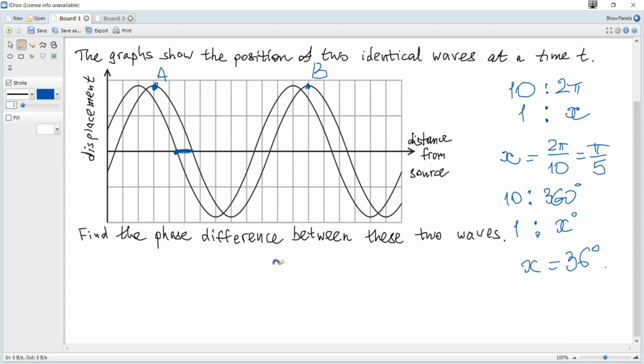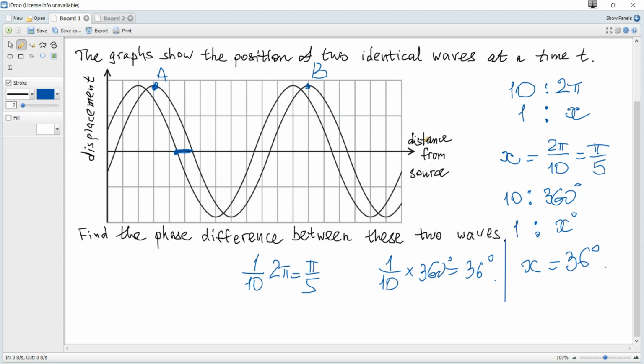So you can see that it looks like a fraction, which is our shift out of one oscillation, so it's 1 out of 10 multiplied by 2 pi if it's in radians, or 1 out of 10 multiplied by 360 if it's in degrees, so it's pi over 5 or 36 degrees.